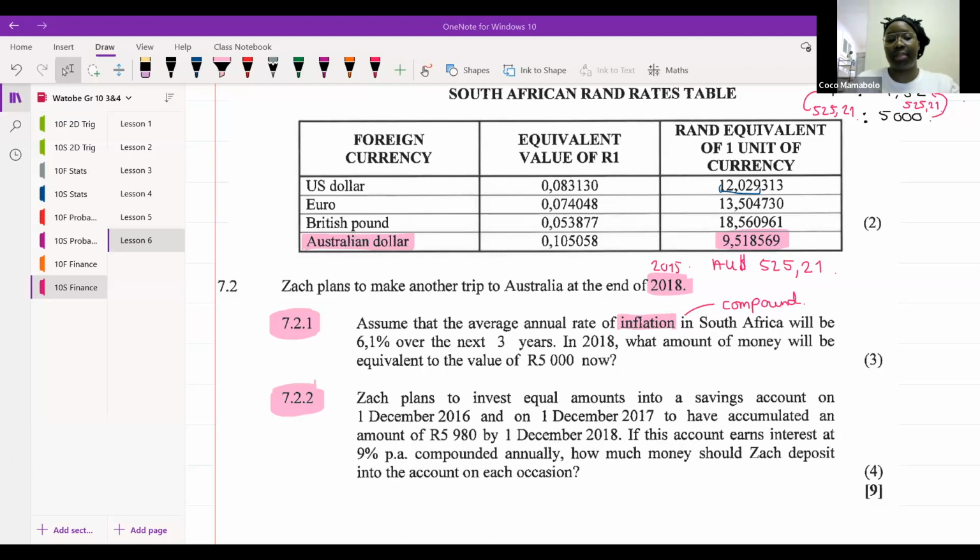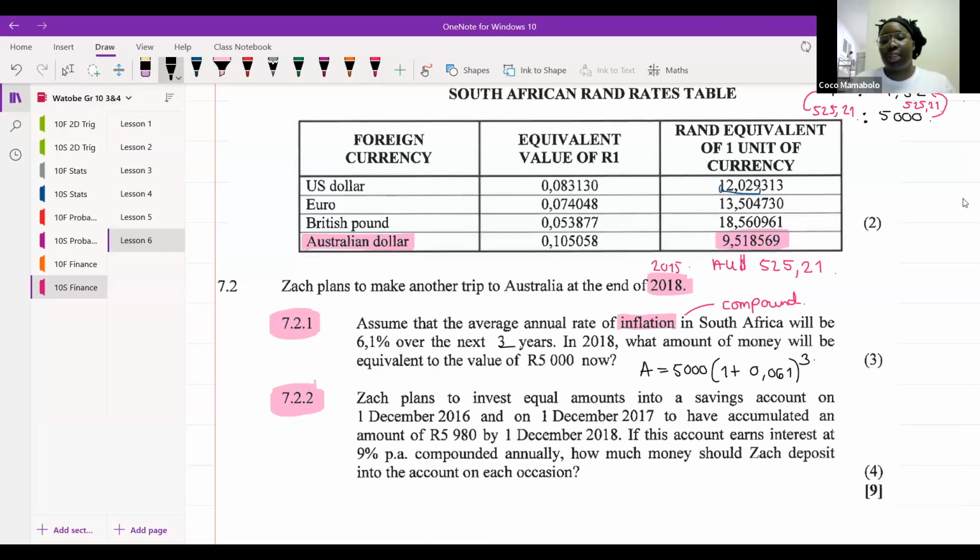All right, peeps, let's discuss this particular one. It says here, assuming that the annual average inflation rate in South Africa is 6.1%, we're going to calculate this over compound interest: 5,000 open brackets, 1 plus 6.1%, or you could have written 0,061, to the power of 3, because it's in the next 3 years.